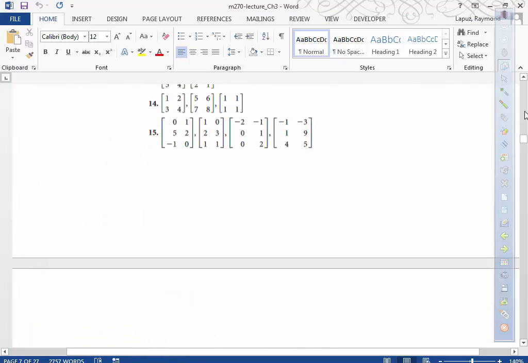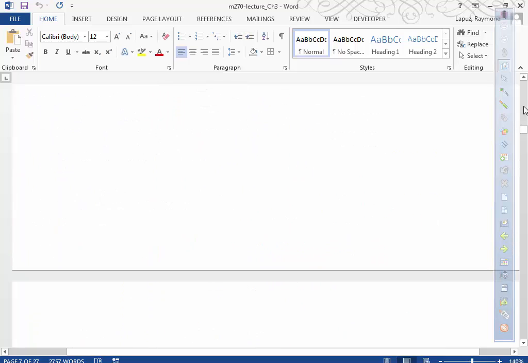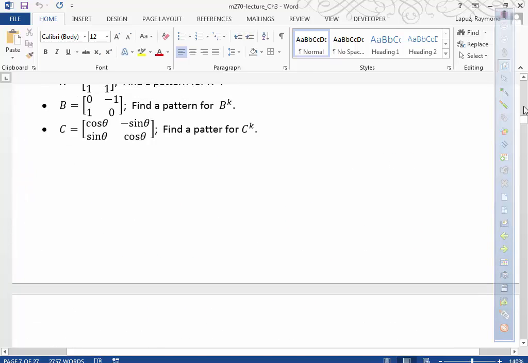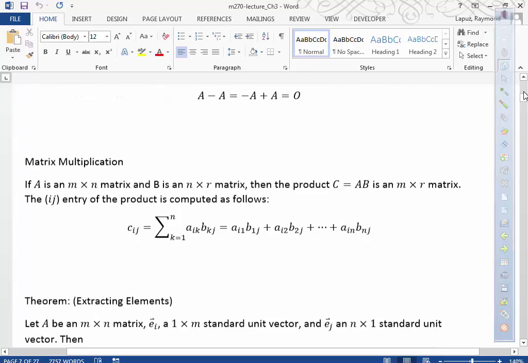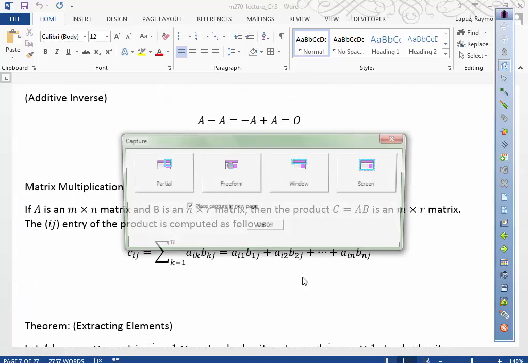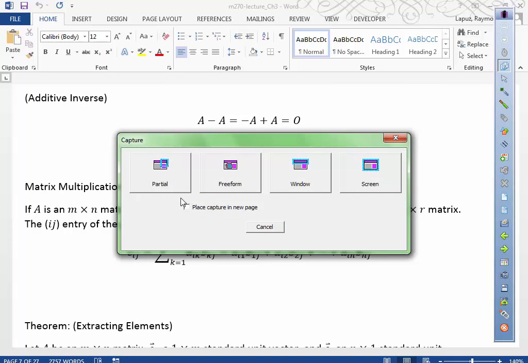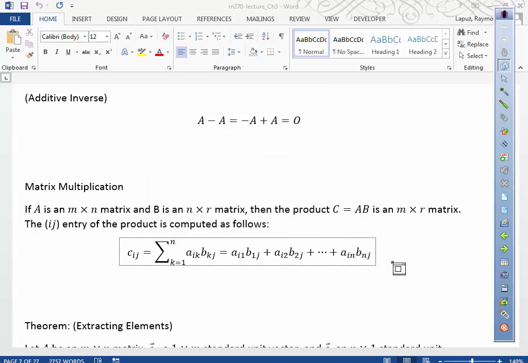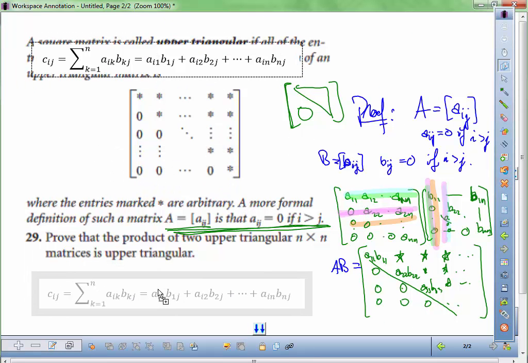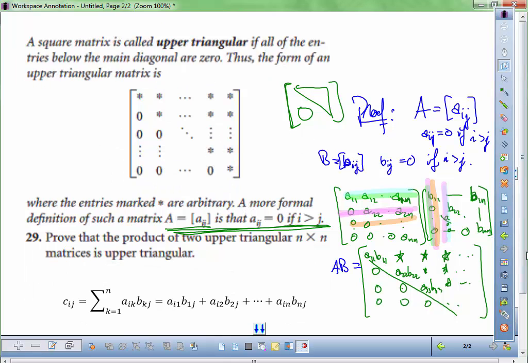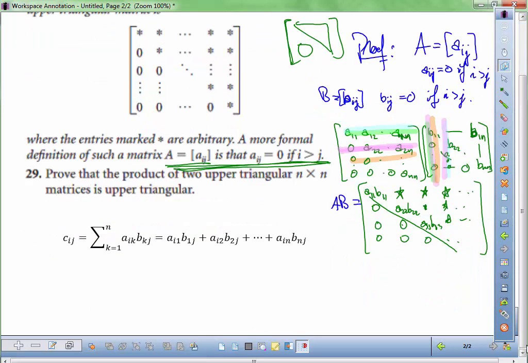you need to have the definition of the multiplication. Where's the definition of the multiplication? So with matrix multiplication, the product matrix is going to be C_ij, where C_ij is defined to be this.